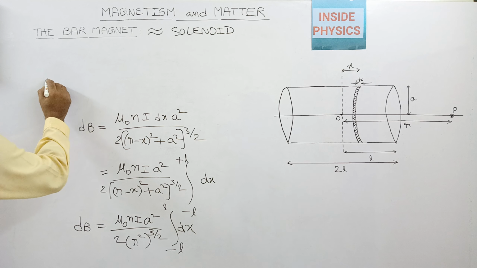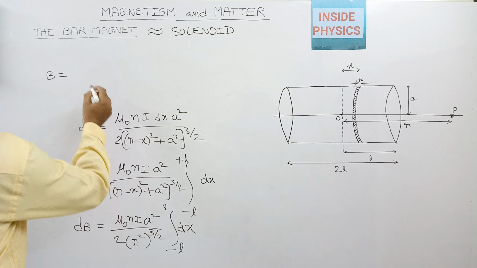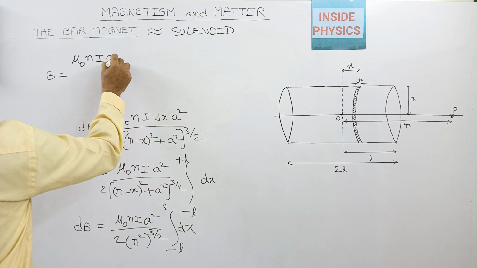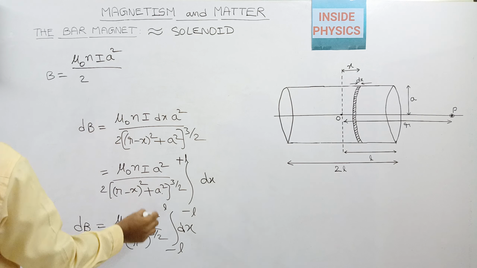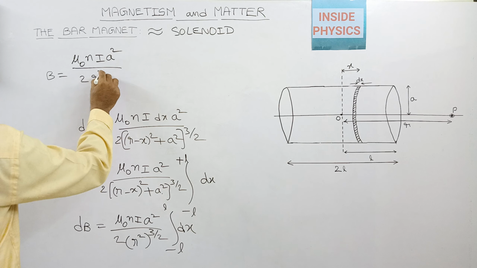Now we are going to get the entire magnetic field due to the solenoid. Now the terms will become mu naught N I a square by 2 into this r square whole power 3 by 2 will become r cube.